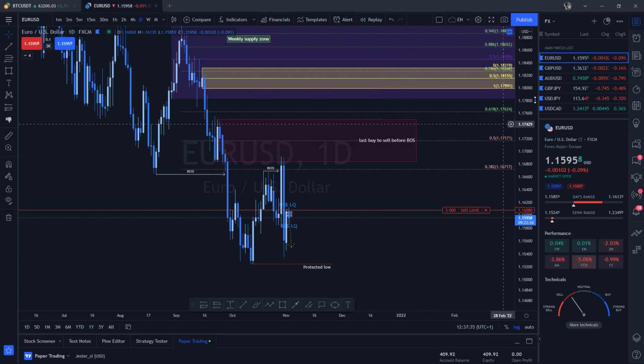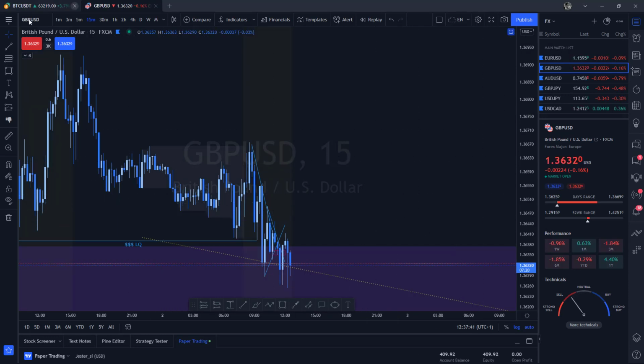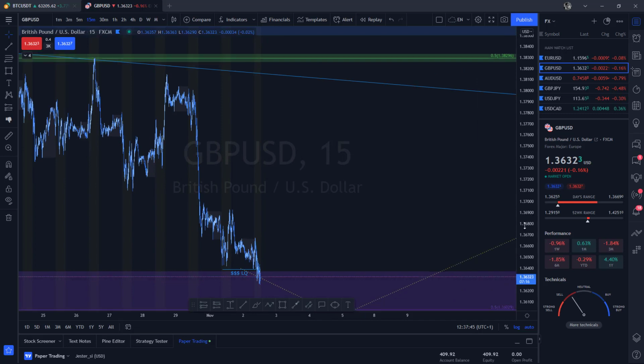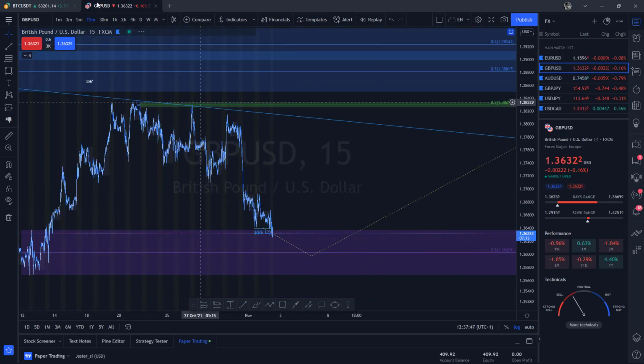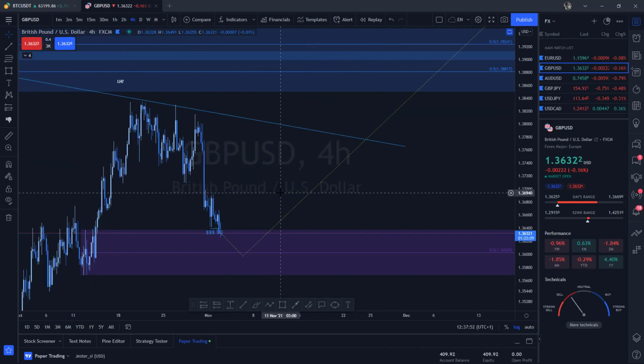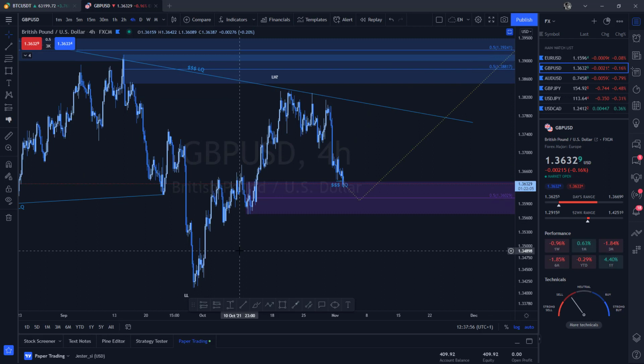There was some interesting price action on GU. Okay, the purple zone here, let's go to the 4-hour or daily. Why I have this zone plotted.